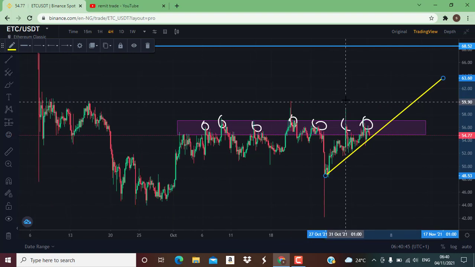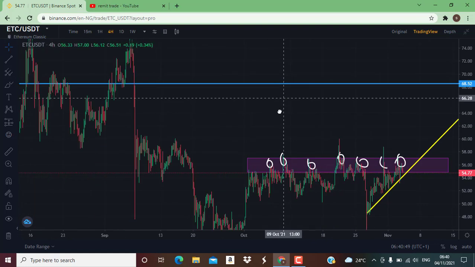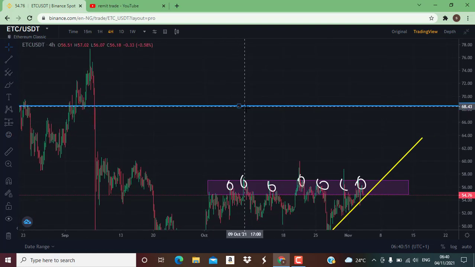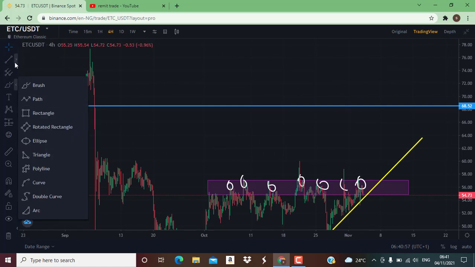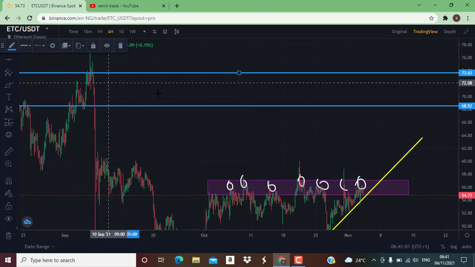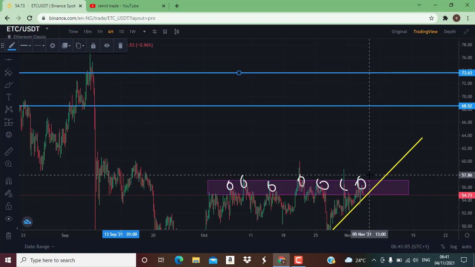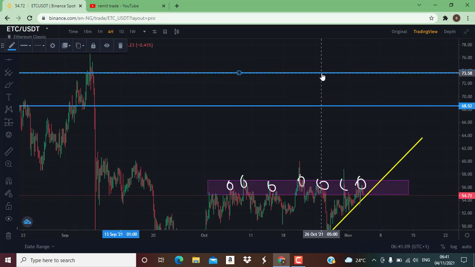And if we do, I am looking at this target right here. This is my first target on this analysis. And then my second target is this level at this point right here. So if you see a breakout on this pair, the first target and the second target are right here.